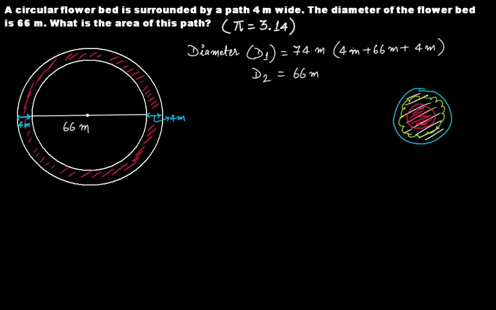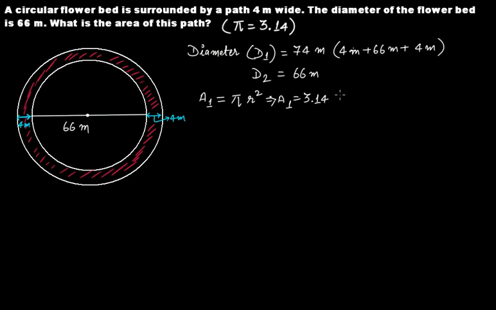So now let's find out the area of the larger circle. Let's denote this with A1. A1 is pi r square, right? Here it's given to us that you have to use pi as 3.14.